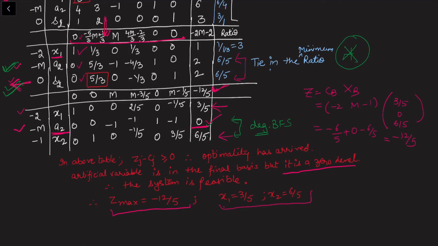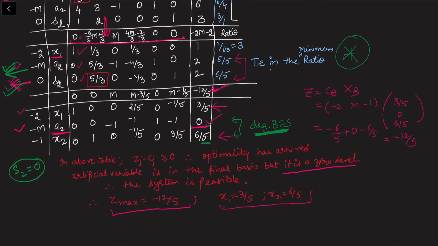Say in this table, if we had removed the artificial variable, then in the next table the slack variable corresponding to x2 would give me the value 0. So here instead of 6/5, I would have got the value 0. This is why we say degenerate basic feasible solution. Whenever there is a tie in the minimum ratio rule, we always get a degenerate basic feasible solution.